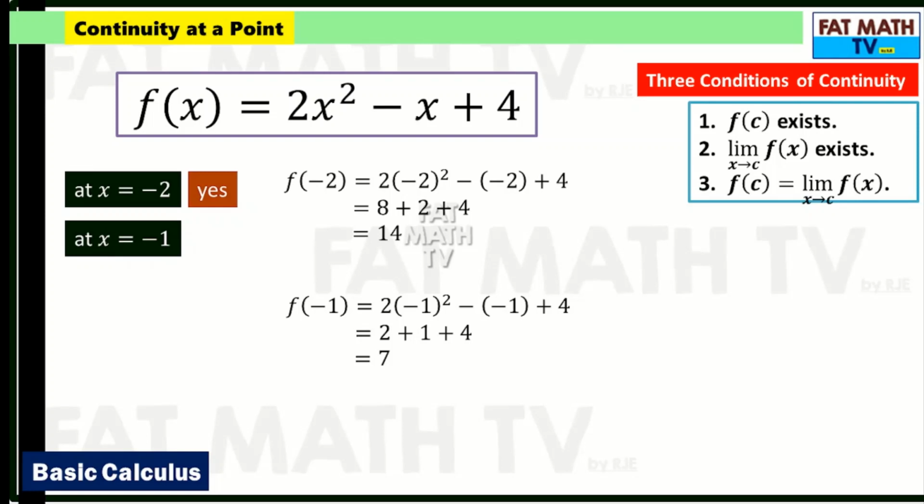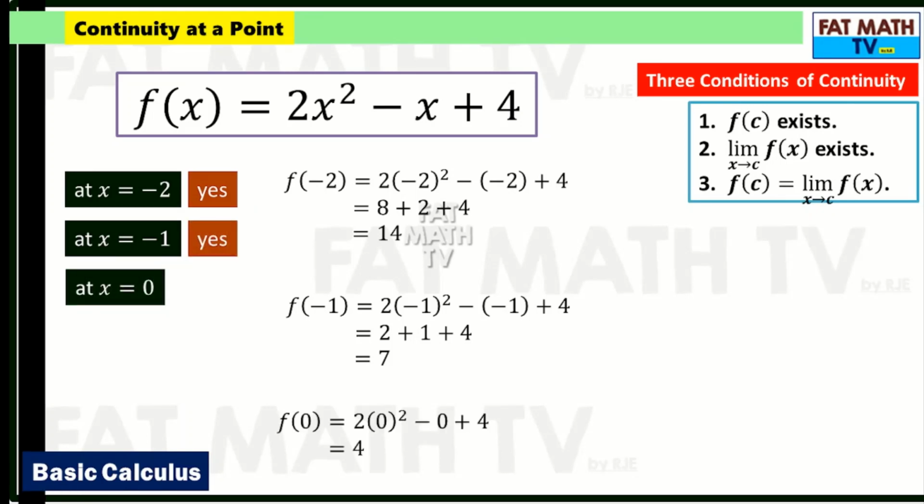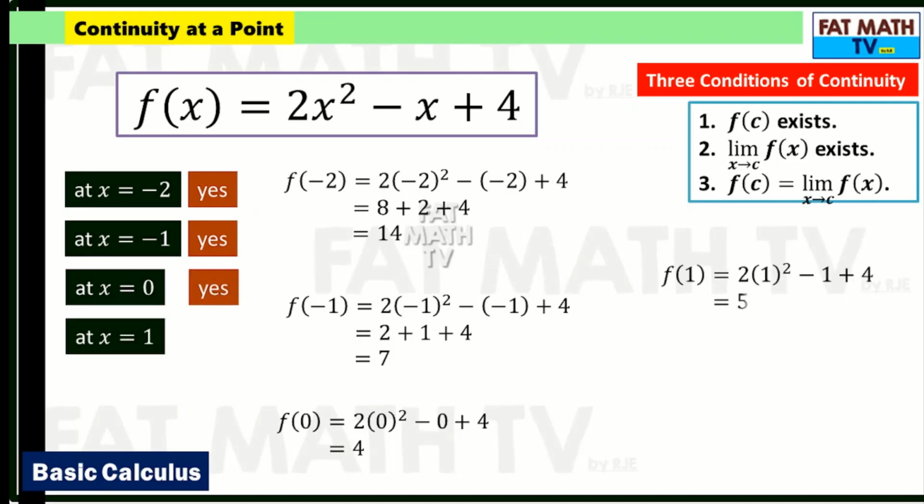And since this is a quadratic function, the limit of f of x as x approaches c is just the same as f of c. So it's also 7. So yes. At x equals 0, f of 0 is 4. So the limit exists. How about at x equals 1? Yes. And that is equal to 5.